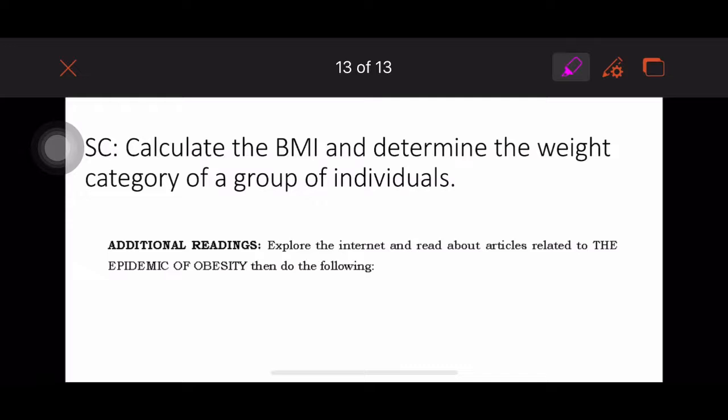So that's it. But there's an additional reading over here at the last part of your journal. You're going to explore the internet and read articles related to the epidemic of obesity. Obesity is also an epidemic, just like coronavirus. The difference is that both of them are deadly. Okay, both of them are deadly.